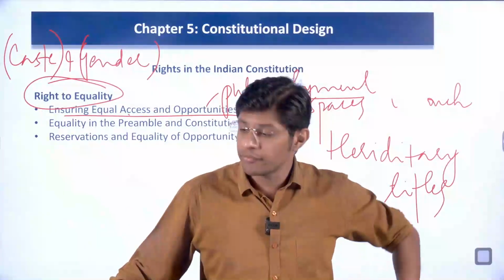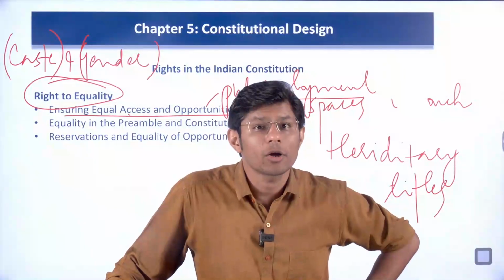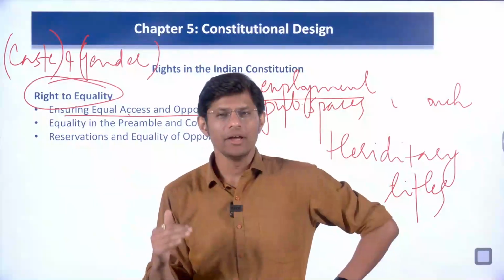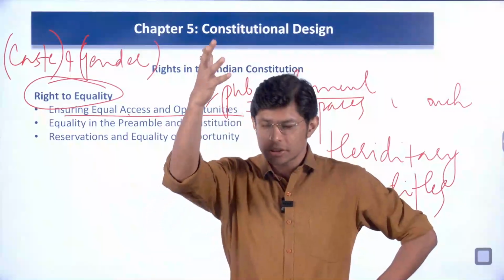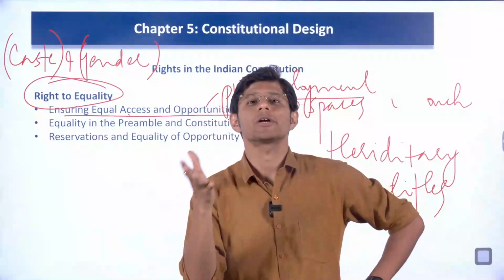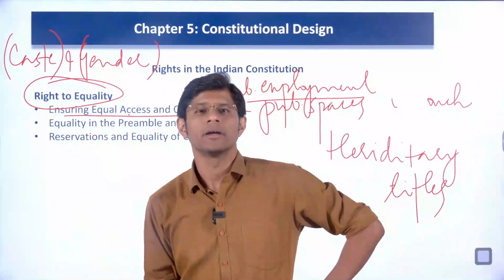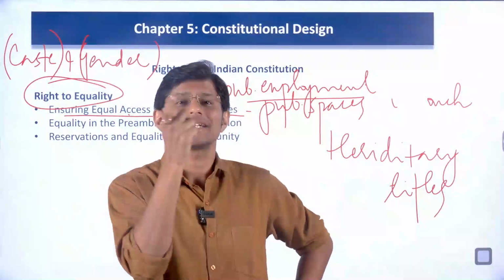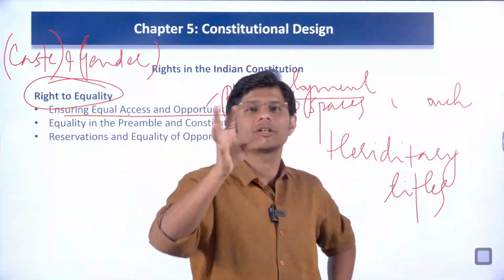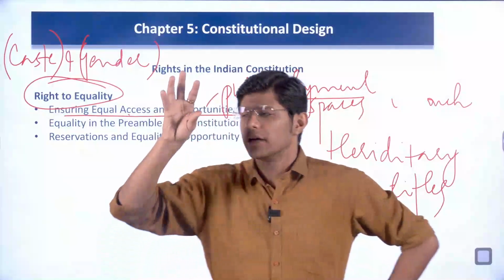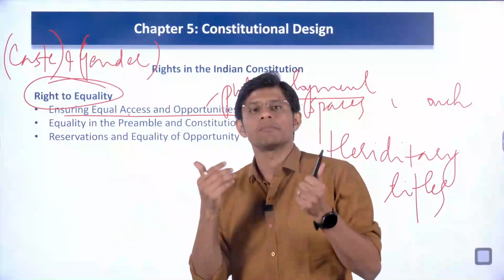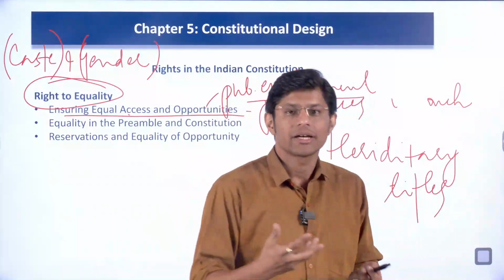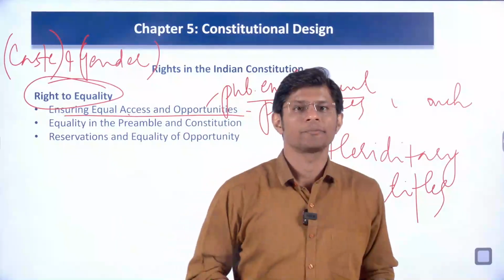However, military and academic honors are allowed, which means, let's say we have ranks in the military, like lieutenant, colonel, general, and academic honors, PhD, degree, doctorate. They are allowed. Why? Because they recognize excellence. So, by ensuring equal status and dignity for all citizens, this right to equality strengthens democracy, and it also promotes fairness and justice in society.